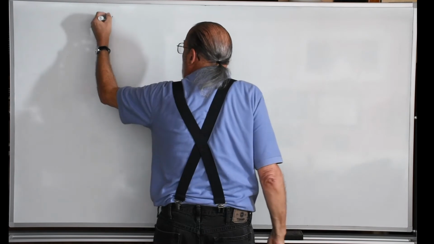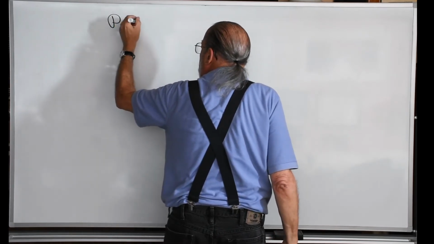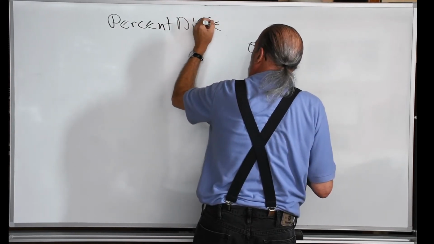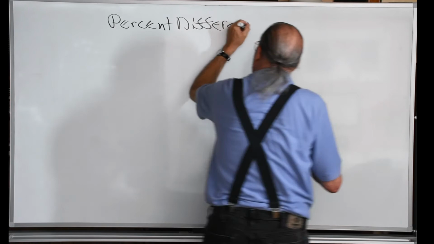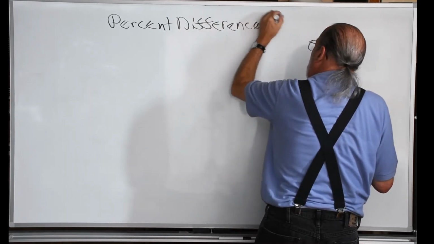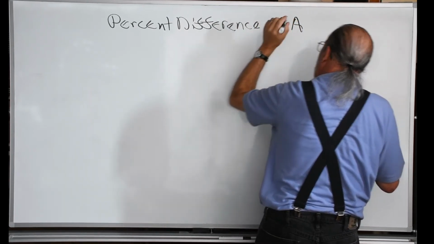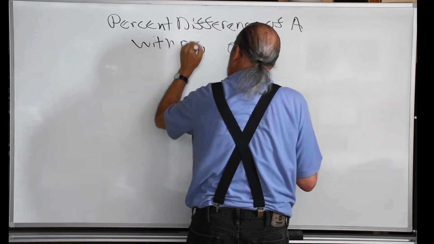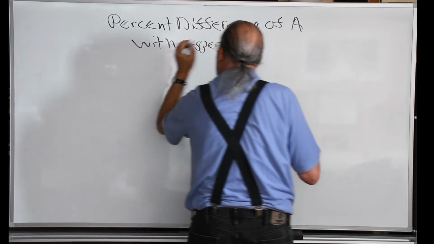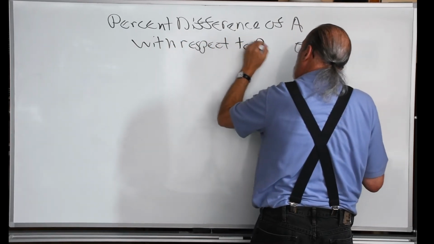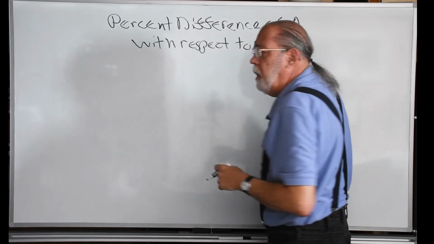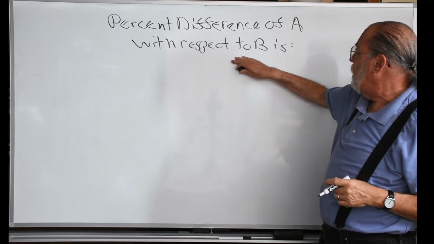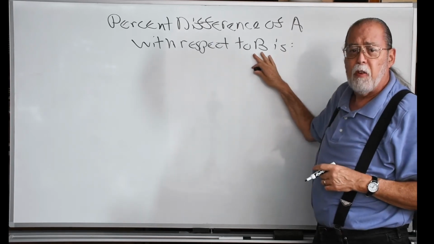The percent relative or percent difference or percent deviation of A with respect to B is given by the following. When I say with respect to, this is the one I'm taking as the reference value.